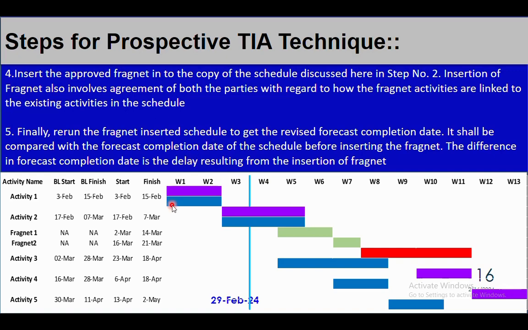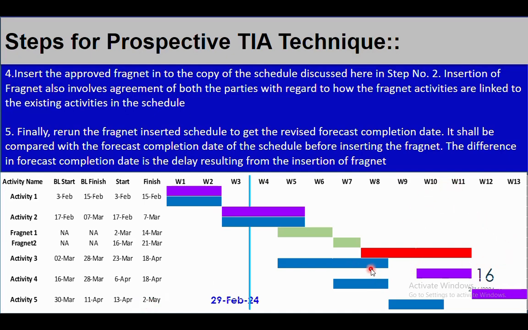So here, if you see, as per baseline, before inserting the fragments, the mechanical completion was 11th April. Once we inserted fragment 1 and fragment 2, the project completion changed to 2nd May. That means the project has been delayed by 3 weeks.